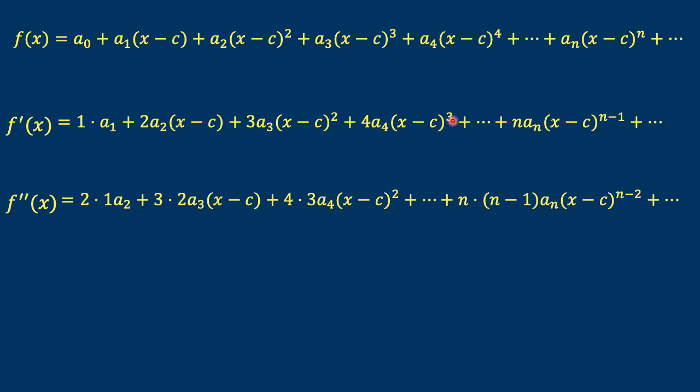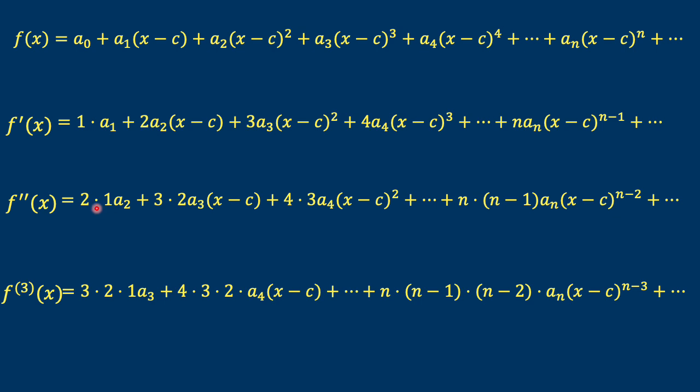This term is going to be 3 (x minus c) squared. Let's take one more derivative. The third derivative: this term is gone. Second term, the derivative of (x minus c) is 1, so 3 times 2 times 1. For this term, the derivative is (x minus c) squared, which gives 4 times 3 times 2, a4 (x minus c).